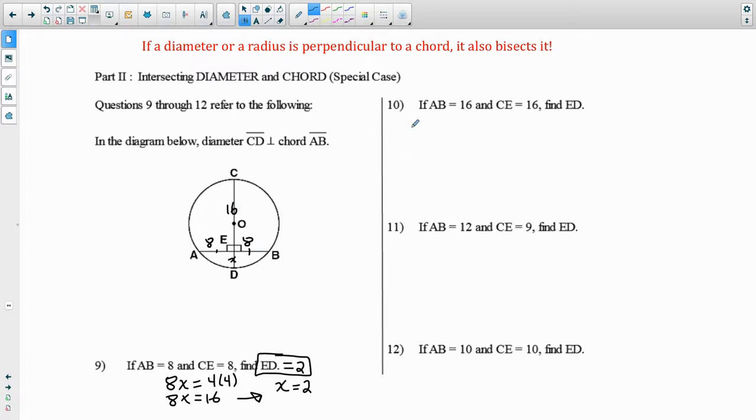So once again, 16 times its other part, which is x, will be equal to 8 times 8. 16x is equal to 64. Divide by 16, and x is equal to 4, or ED is equal to 4. And there you have it, the intersecting chords of a circle.